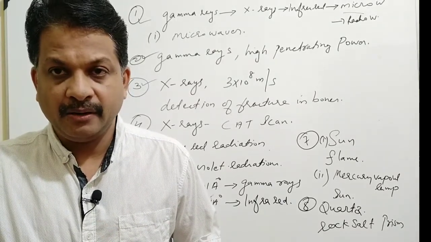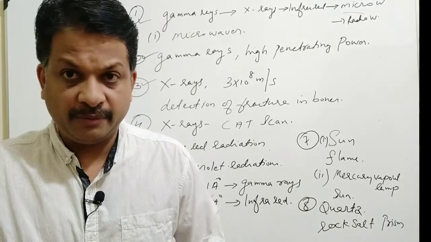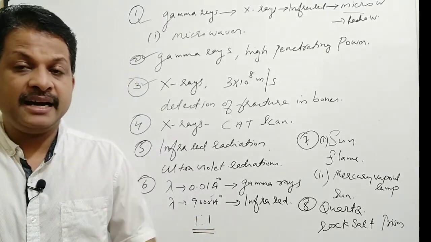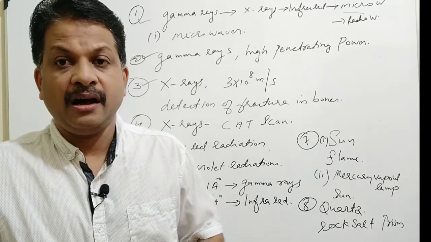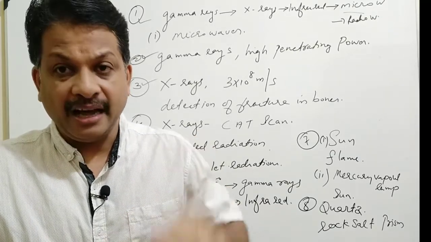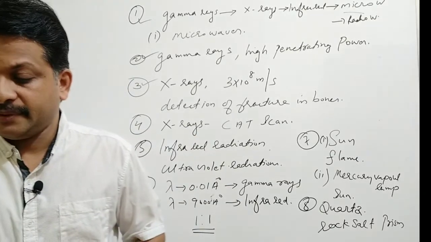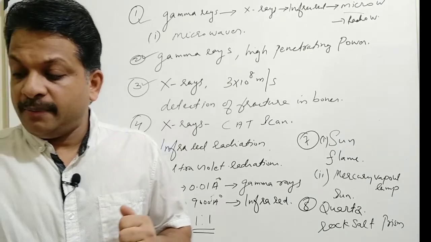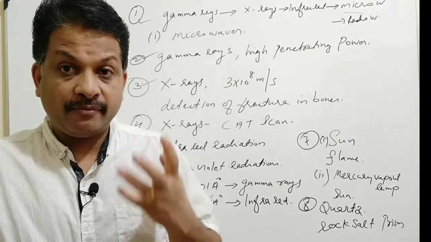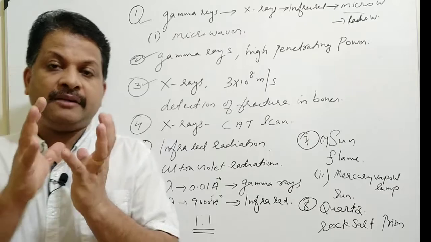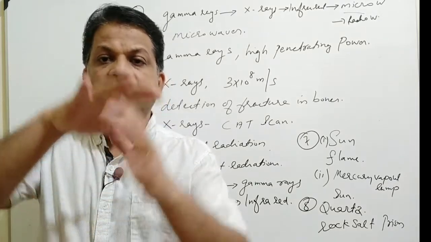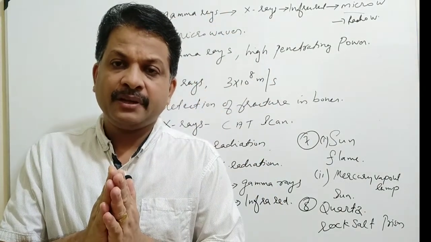Is it clear? Okay. Glass prism we don't use, please remember, because infrared radiations and ultraviolet radiations are absorbed by glass prism. Okay. Next question: ultraviolet bulbs have a quartz envelope instead of glass. So if an ultraviolet lamp is enclosed in a glass envelope, what will happen?